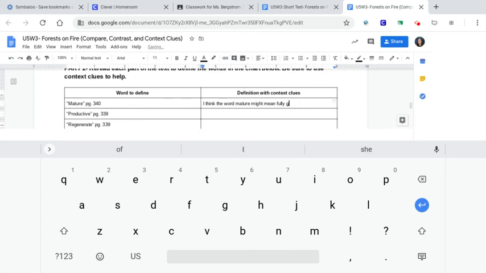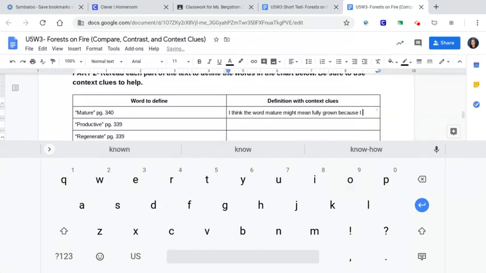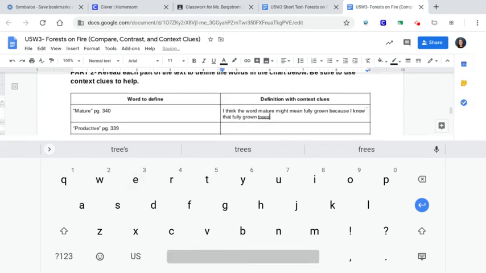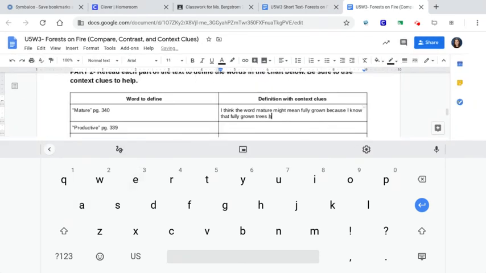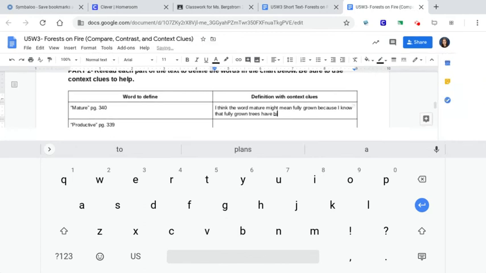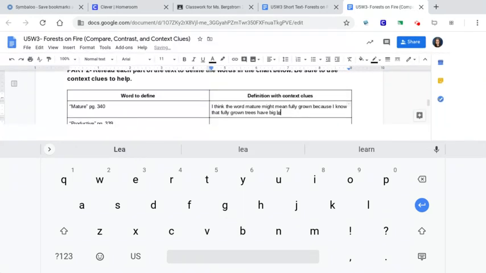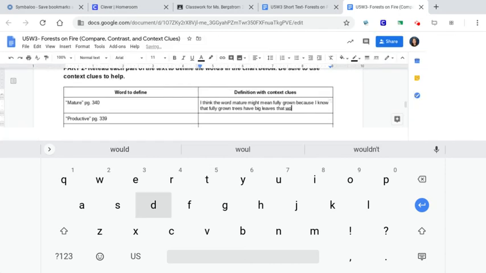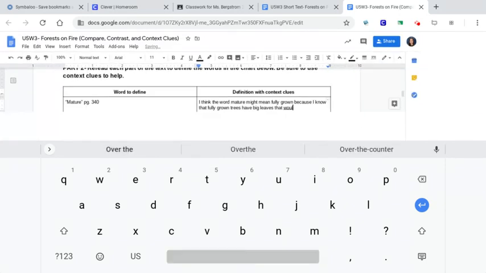Because I know that fully grown trees have big leaves that would cover the ground.